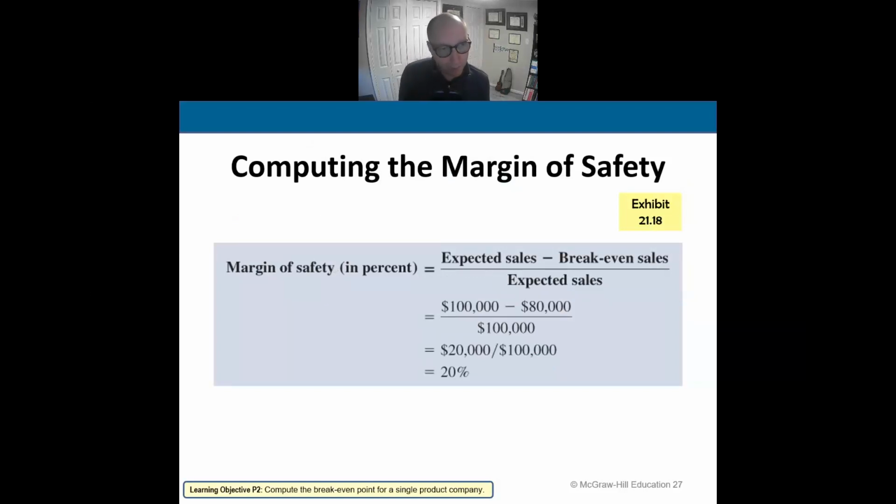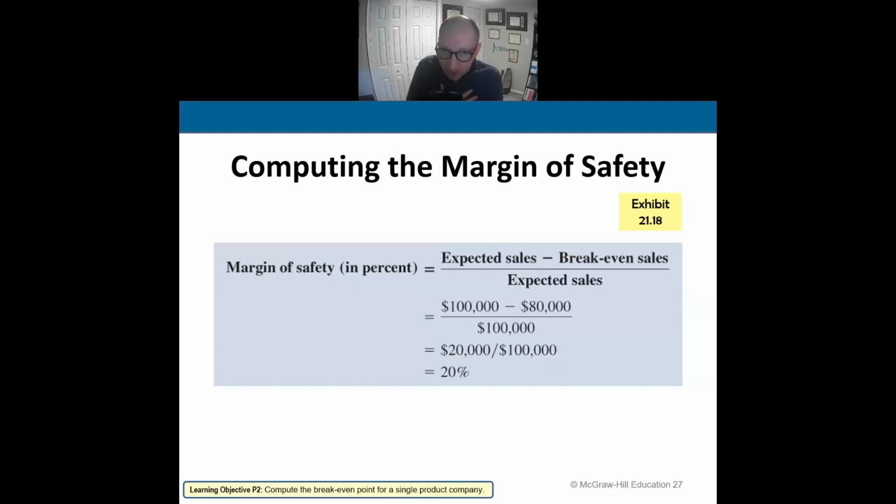This one is called a margin of safety. I like this one. The reason they call it a margin of safety is because it represents a safe level of sales. I feel safe when I'm doing better than break even.